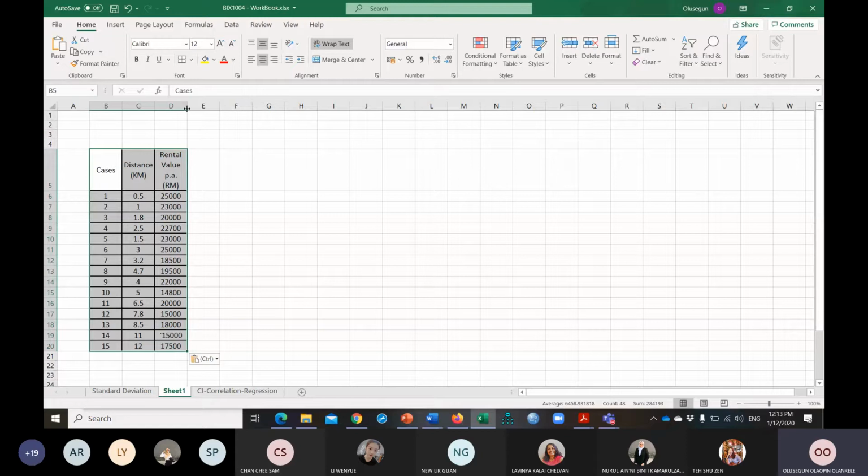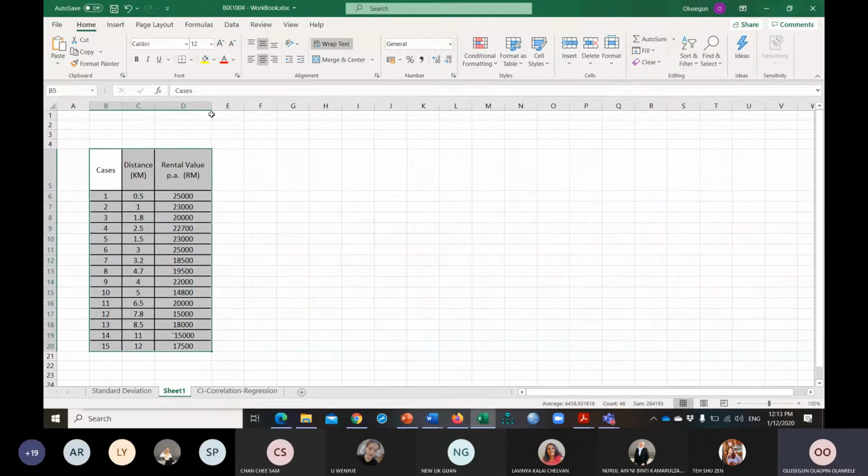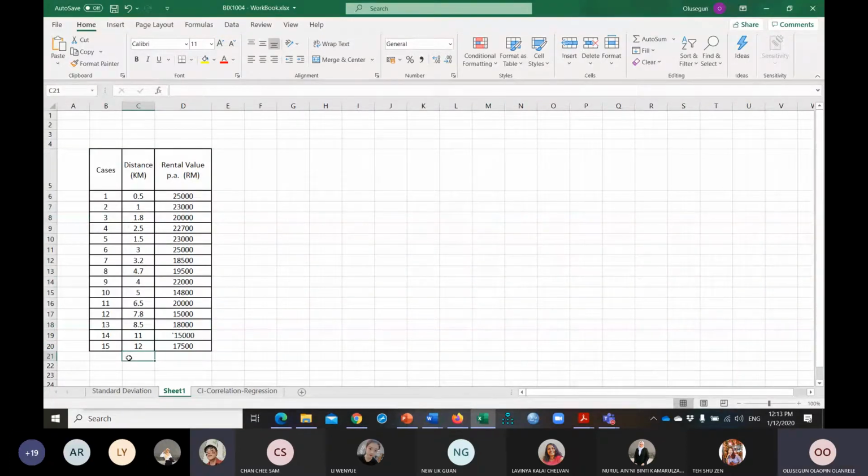And the question is asking us to find the mean and the standard deviation of the distance and the rental value. Am I right? Yes. For the mean, because we have case 1, case 2, case 3, case 4, the total number of observations we have here is 15. I think you agree with that.